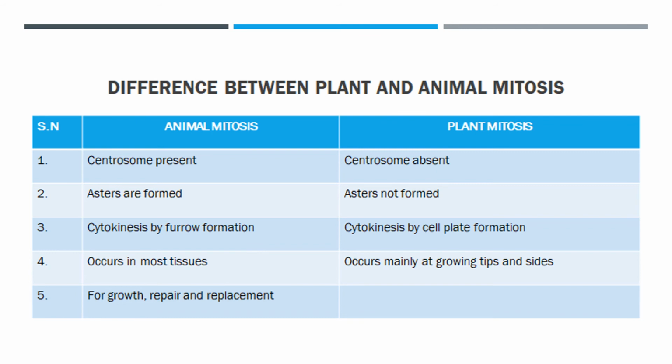In animal mitosis, cytokinesis occurs by furrow formation, and in plant mitosis, it occurs by cell plate formation. Animal mitosis occurs in most tissues, but plant mitosis occurs mainly at growing tips and sites. Both animal and plant mitosis are done for growth, repair and replacement.